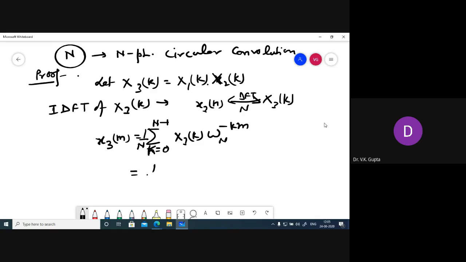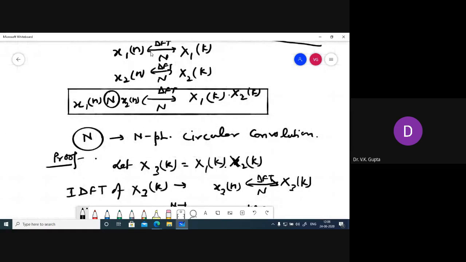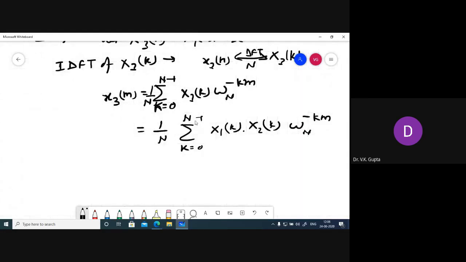This X3(k) can be written as X1(k) into X2(k), where X1(k) is the DFT of x1(n) and X2(k) is the DFT of x2(n).